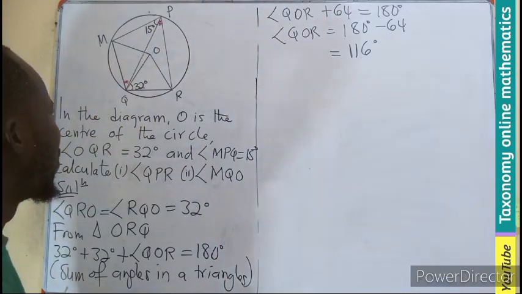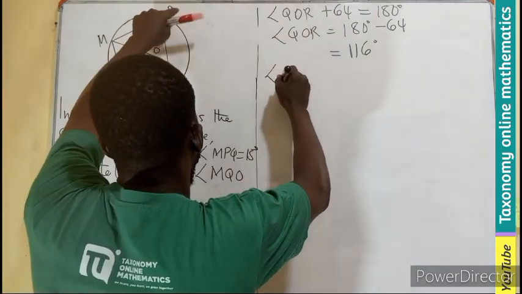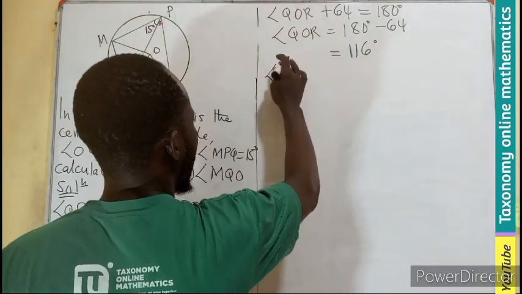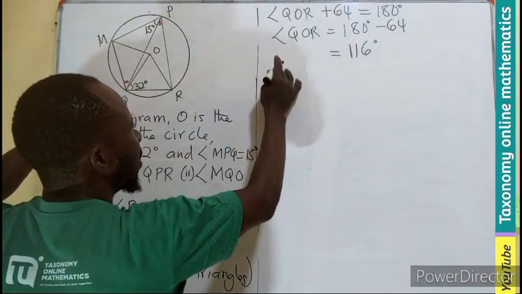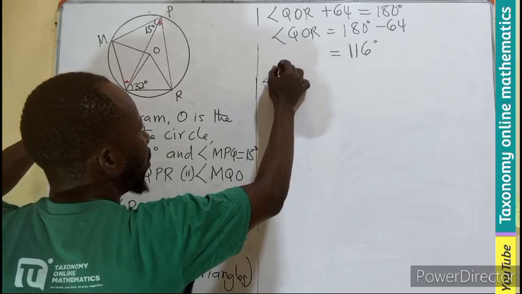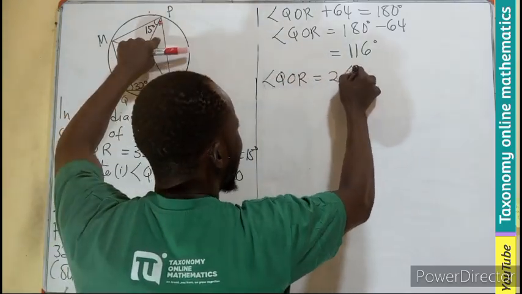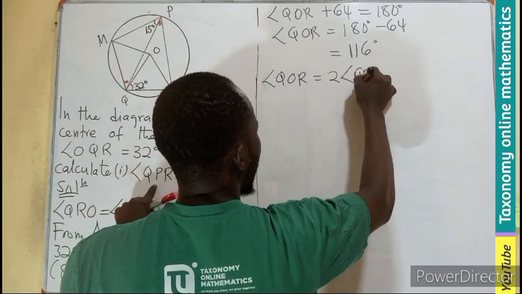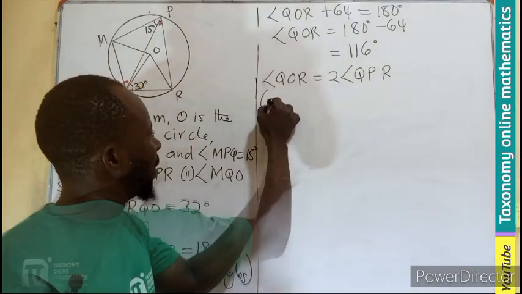So the angle QOR is twice the angle we are asked to find, QPR.